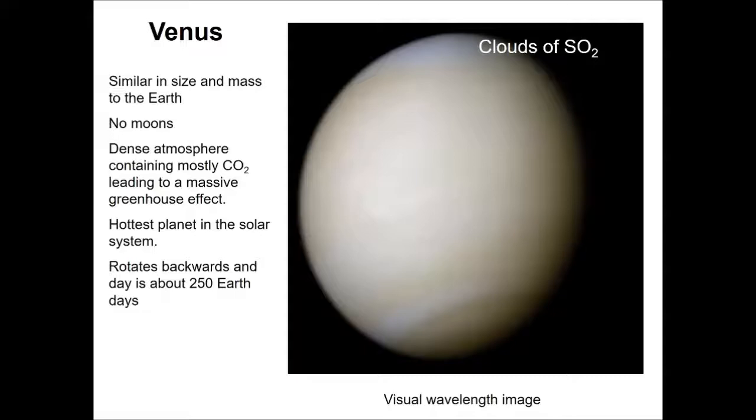This ends up being the hottest planet in the solar system, and it's because of the atmosphere. Even though it's farther from the sun, there is what's known as the greenhouse effect, where light can enter through the clouds because the visible wavelength can penetrate atmospheres, hits the ground, heats up the ground, and re-radiates that energy in the infrared.